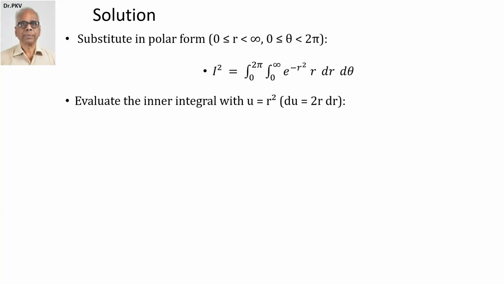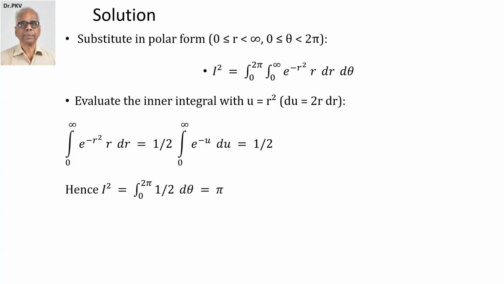Evaluate the inner integral with the substitution u is equal to r squared, and therefore du is equal to 2r dr. Therefore, r dr is du divided by 2. So the inner integral from 0 to infinity of e raised to the power minus r squared, r dr, is equal to half the integral from 0 to infinity of e raised to the power minus u du, which is equal to half.